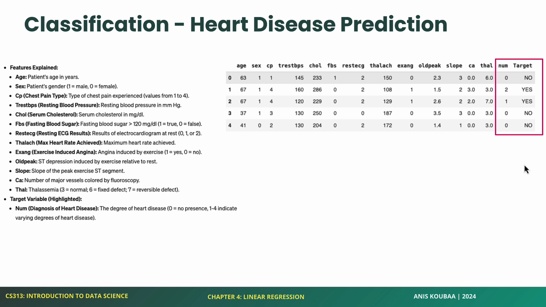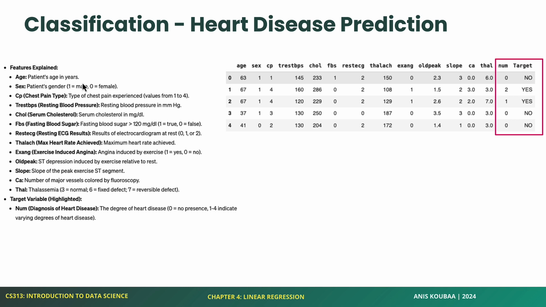This is a binary classification and this is multi-class classification. Both of them are classification problems because the output here is a finite number of possible labels or outcomes. And here we have the features. Of course, we have data, and this data could be a feature or not a feature.